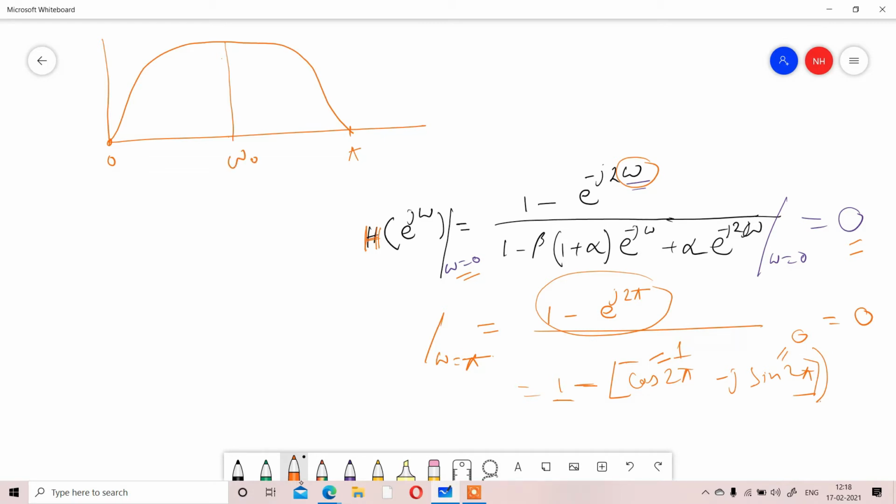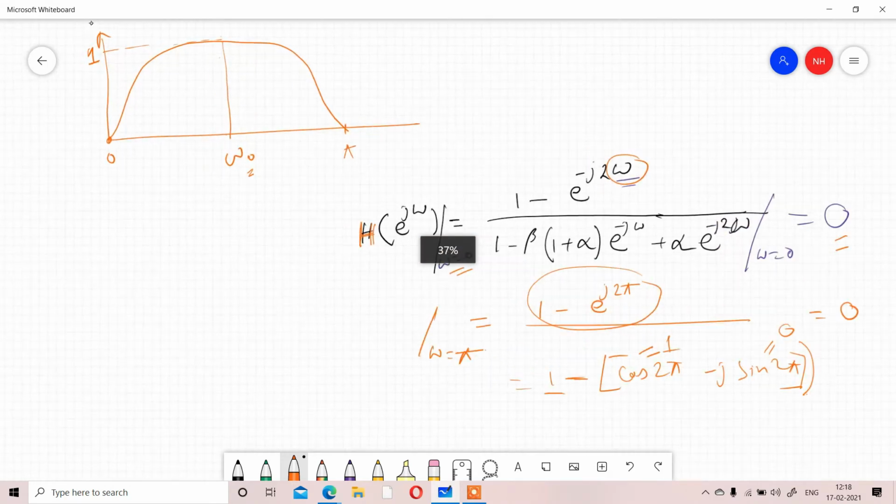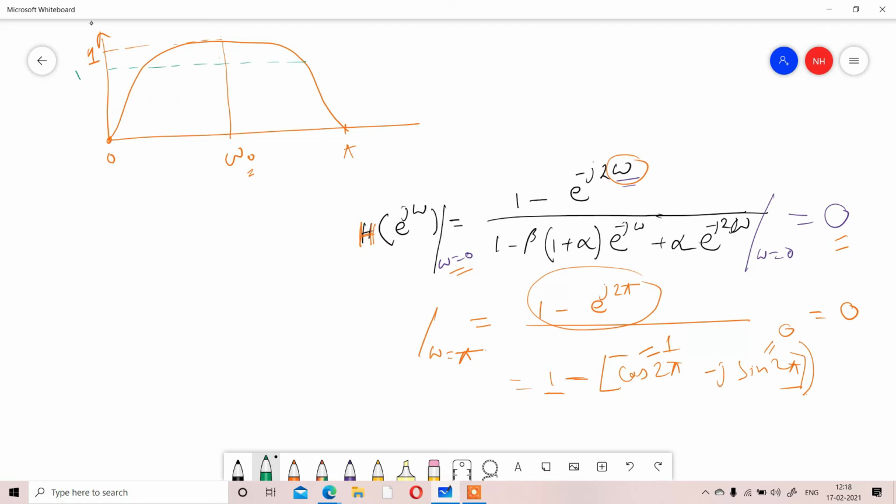Suppose at omega naught you will get your maximum, and that maximum will obviously be 1. So that omega naught you need to calculate, and obviously for this case you will get two frequencies at 1 by root 2, one frequency defined as omega 1, another frequency defined as omega 2.